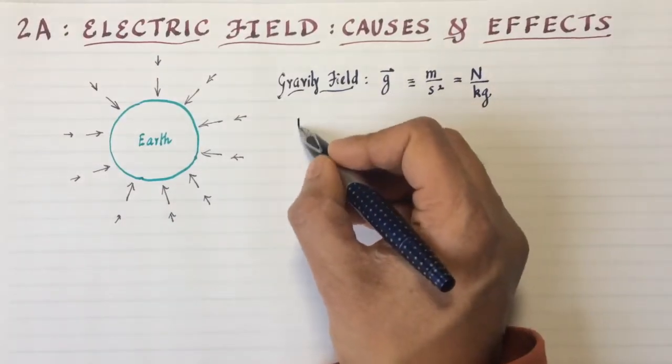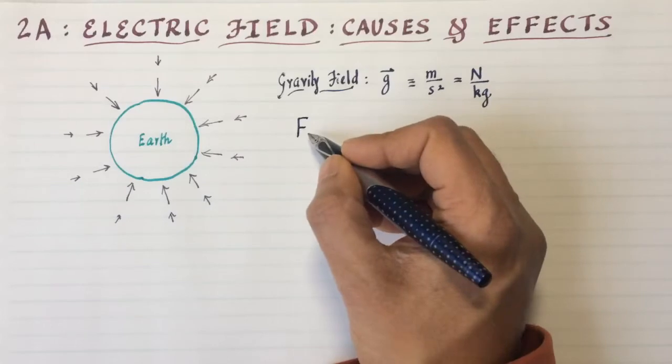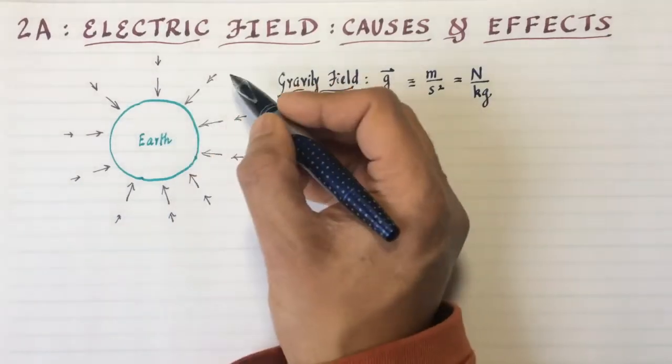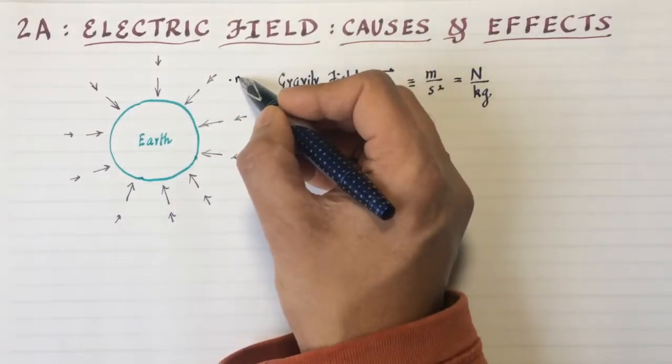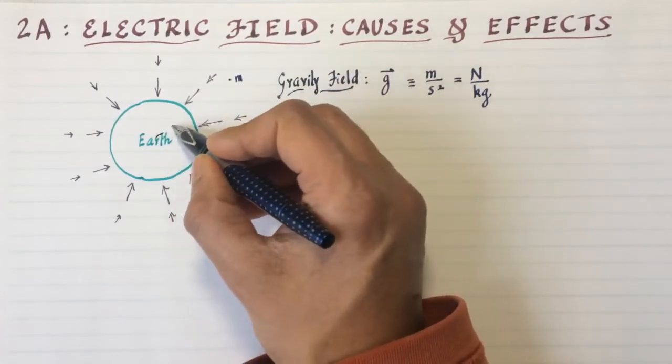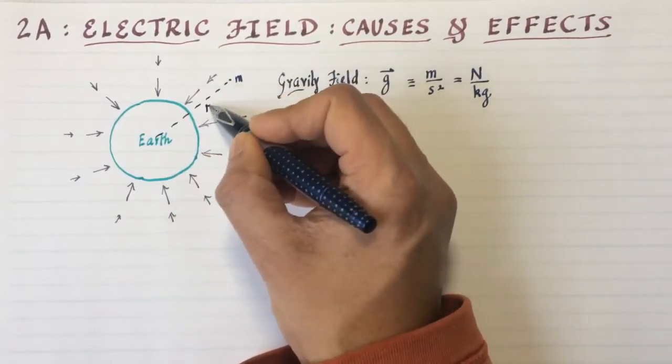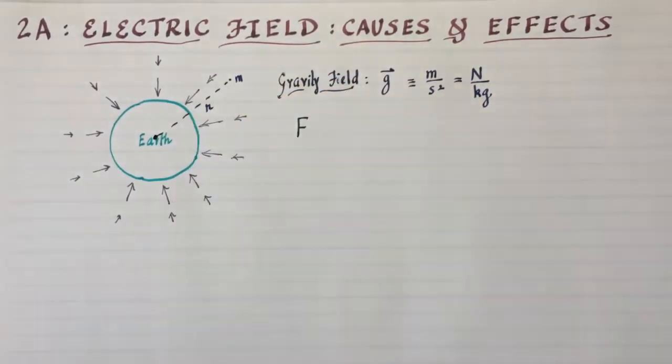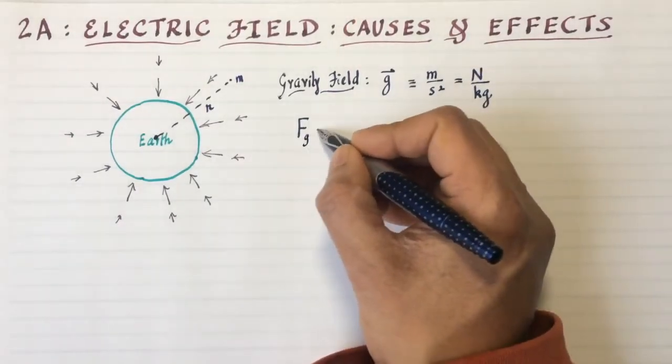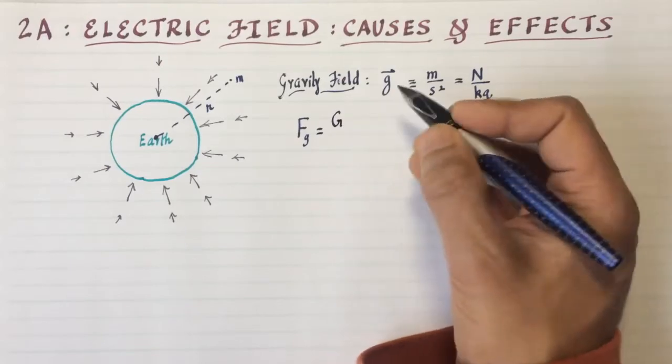The starting point would be Newton's law of gravity. The gravitational force between the Earth and any object, let's say you have an object of mass m, a certain distance from the Earth's center, and let's call that distance little r. The force of gravity is given by Newton's law of gravity, which we studied last week.